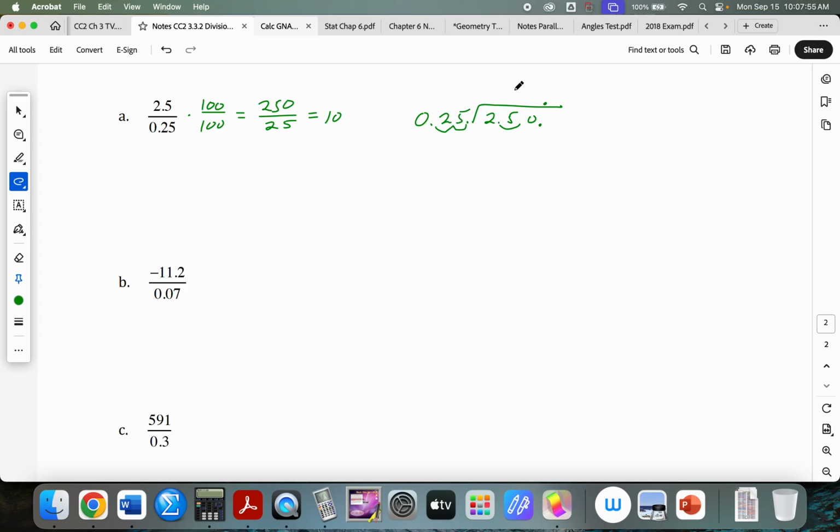Then 25 goes into 25 once. And 25 goes into 0 0 times. I think on this one it's actually easier if you multiply by 100 over 100. It's real easy to see. 250 divided by 25 is 10.